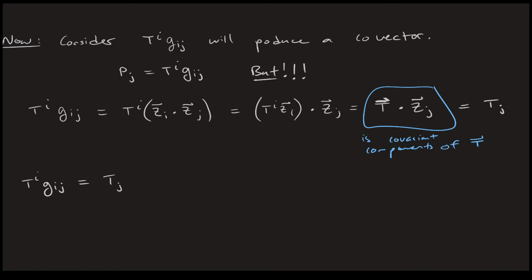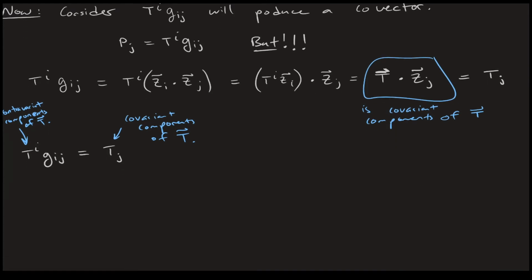So we can actually find the covariant components of the vector field T, whereas we started with the contravariant components of the vector field T. To lower the index, we just multiplied by the covariant metric tensor.